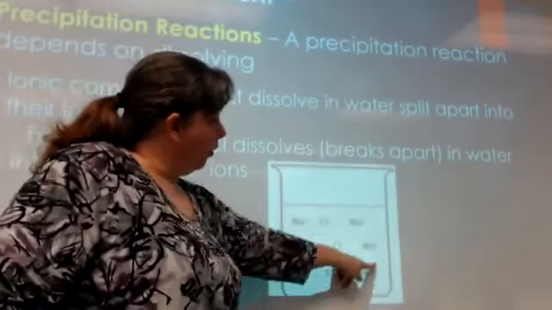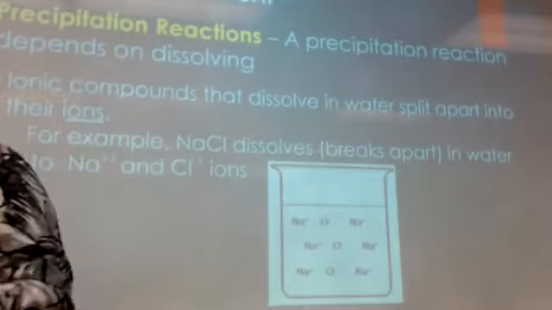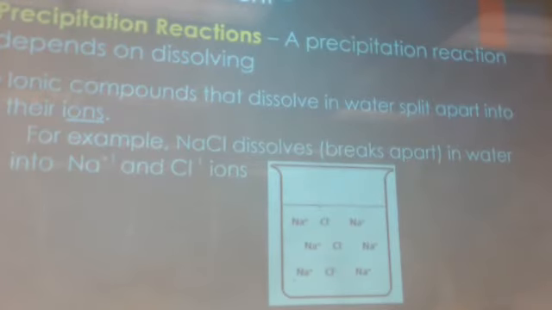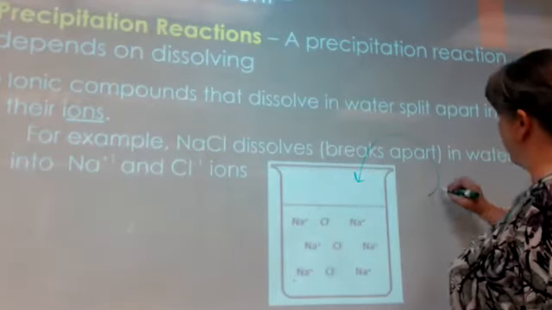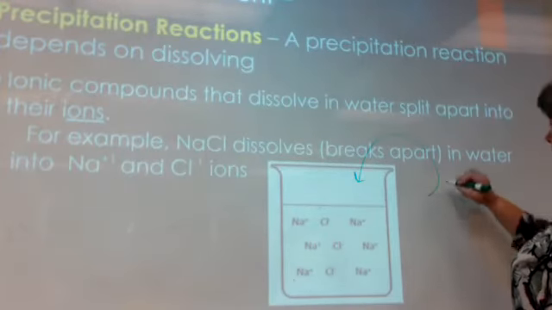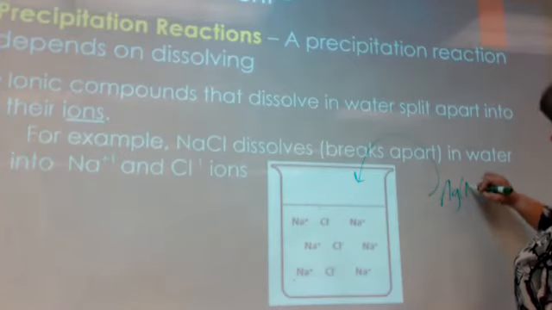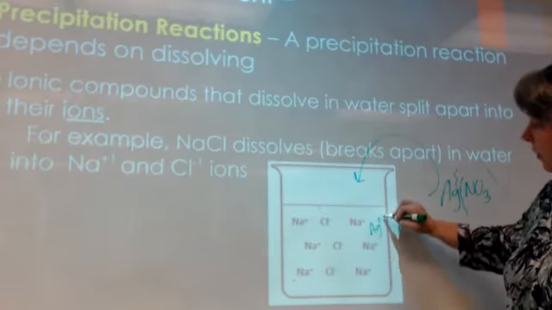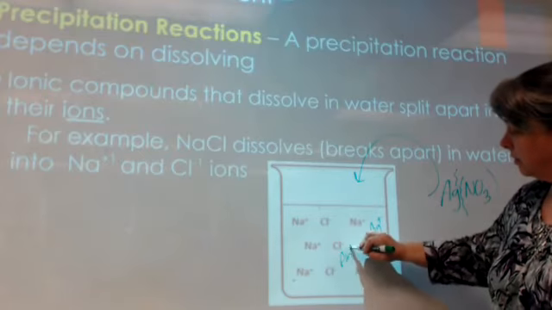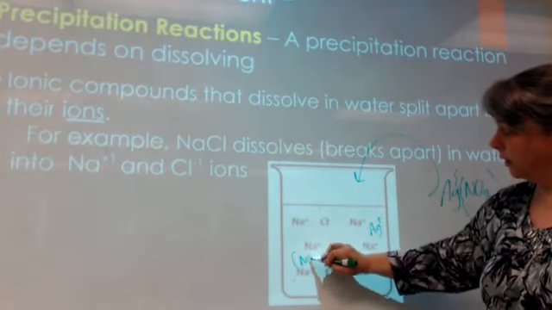So if we put salt in water, again, we're going to see sodium ions floating around. We're going to see chlorine ions floating around. If we were to pour something else in there, for example, AgNO3, okay? Again, it's going to break apart into its ions, and you would have silver ions and nitrate ions floating around.